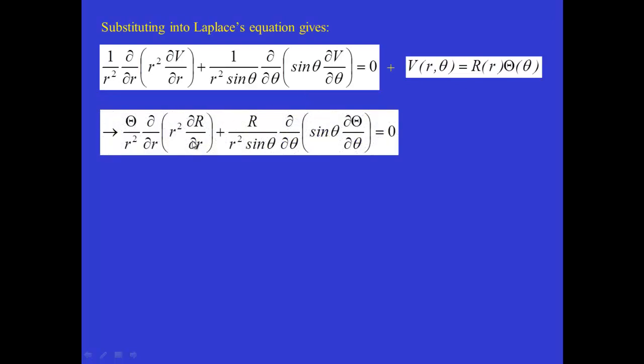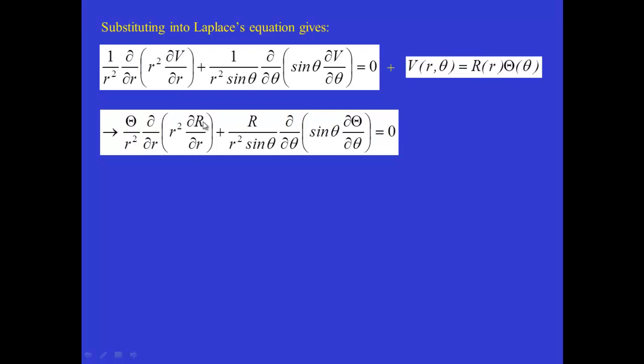And one thing that we notice in both of these two terms on the left-hand side is that there's a 1 over r squared. So when we first substitute in the product solution into Laplace's equation, we get this form here. We've basically realized that when we take the derivative of V with respect to r, only the capital R function is affected by that.